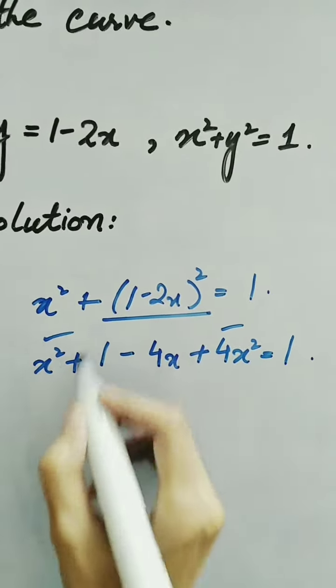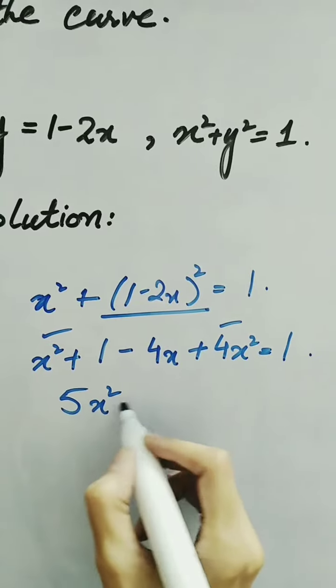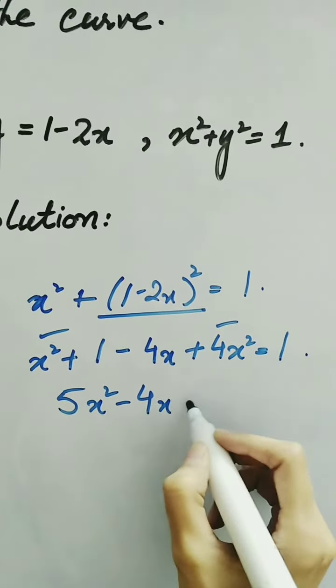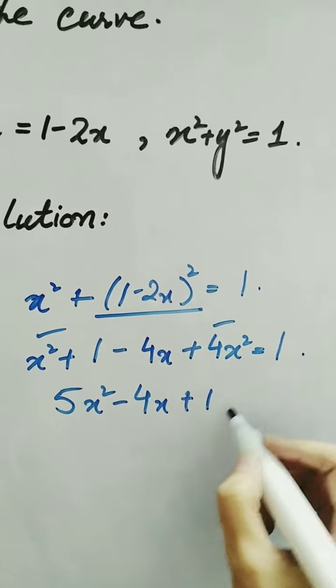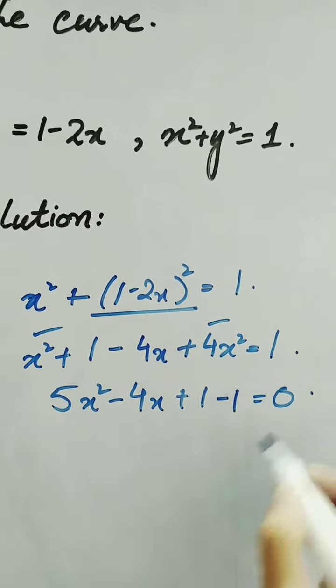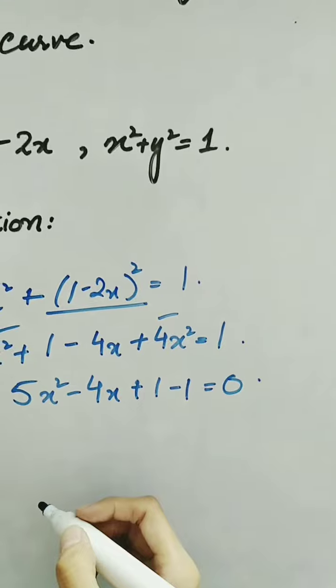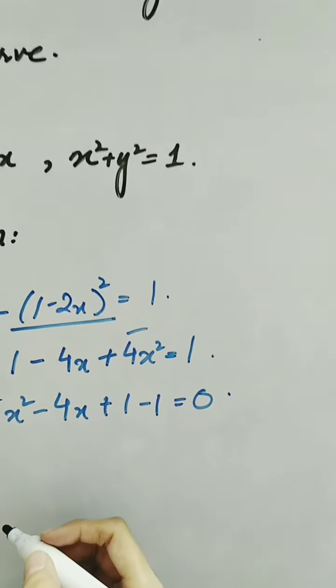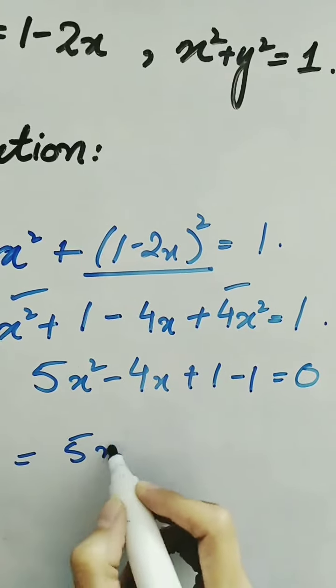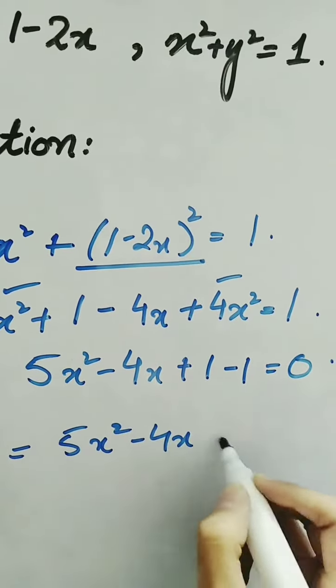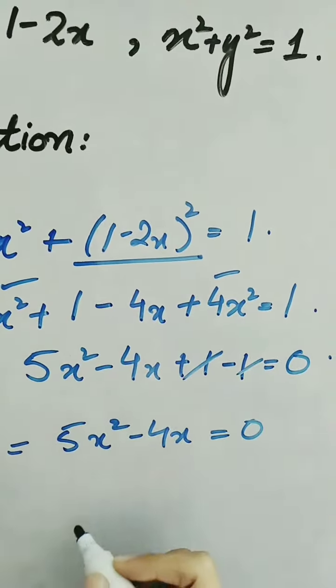We have 5x square minus 4x plus 1 minus 1 equals 0. We will have 5x square minus 4x equals 0.